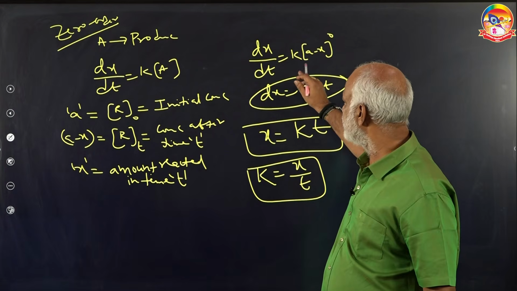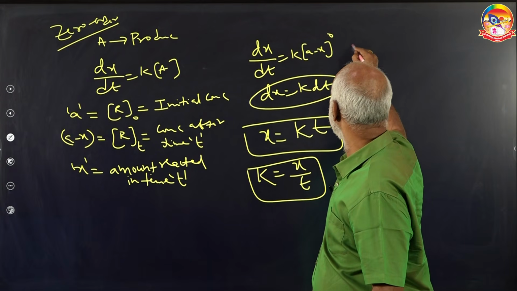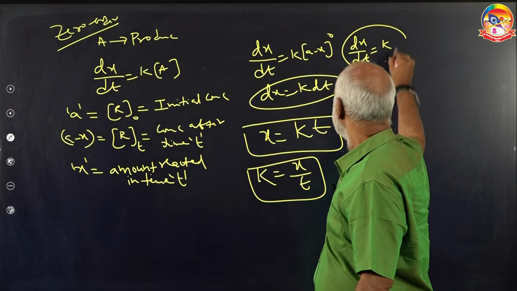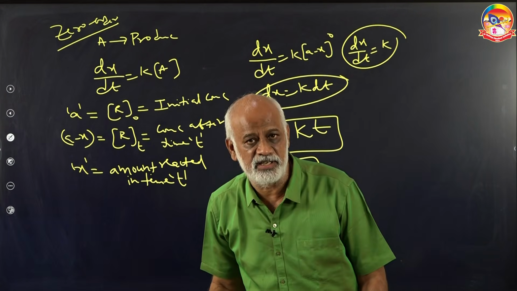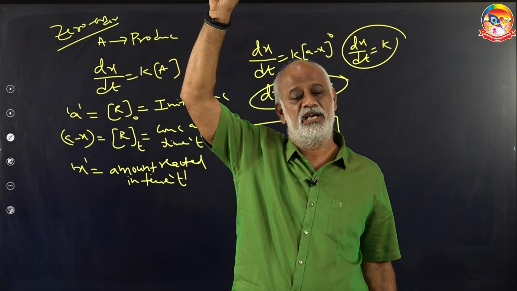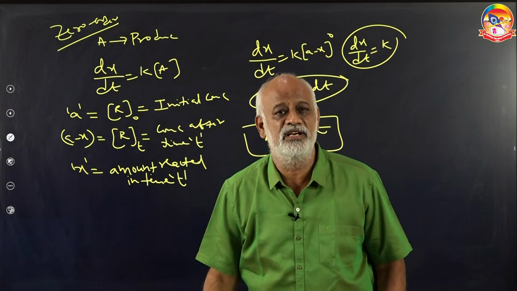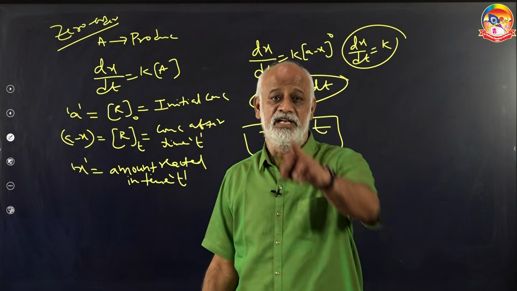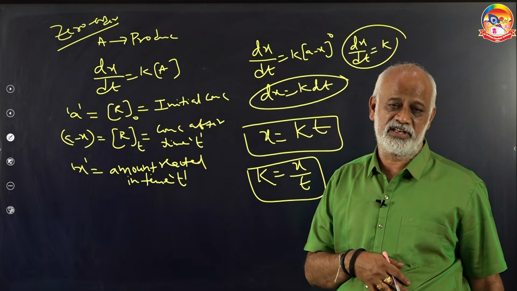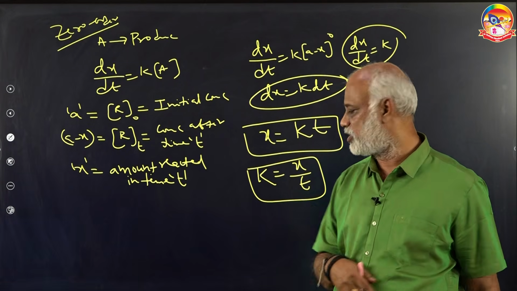You can see very clearly dx/dt = k here, which means the rate constant of a reaction is nothing but equal to the rate. Try to recollect the first part that we studied: throughout this reaction, the rate remains constant. A hint for you: if the rate of the reaction and the rate constant have the same units, you can blindly conclude that it is a zero order reaction.